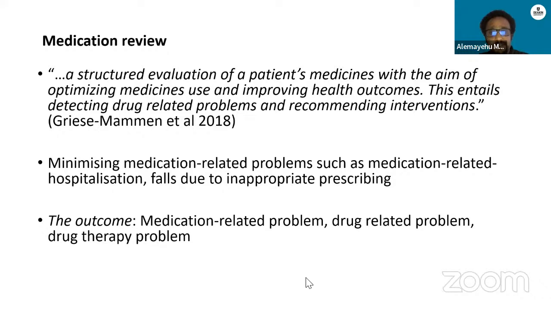Yeah, medication discrepancies. For medication reconciliation, it's all about medication history. So you are checking whether there are differences between the medicines the patient is taking and the available resources. So medication reconciliation identifies medication discrepancies. Medication review identifies medication-related problems. So this is the main difference.